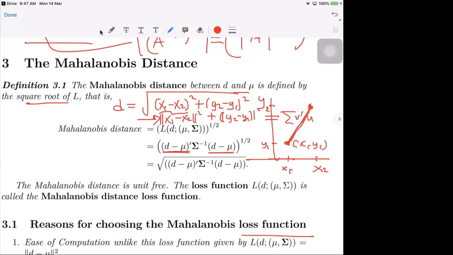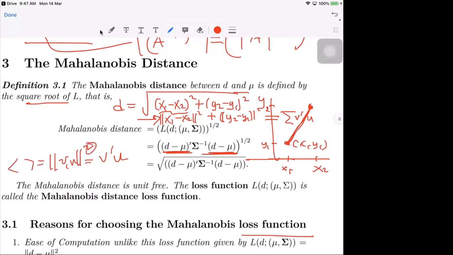In general, if it is n-dimensional, it is the square root of the sum, because this is V prime U. If it is a vector, this is actually your squared norm of V and U, or the inner product.